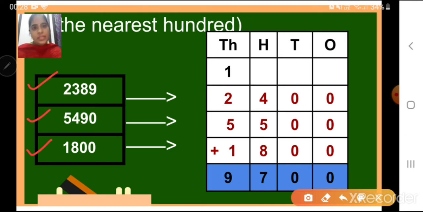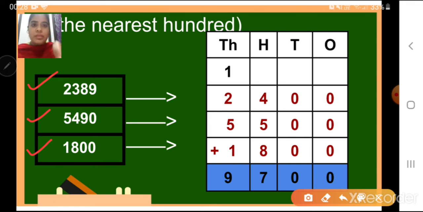But if the number at tens place is 5 or more than 5, then we have to put 0 at tens and ones place and we have to add 1 to the hundreds place. This is how rounding off is done.